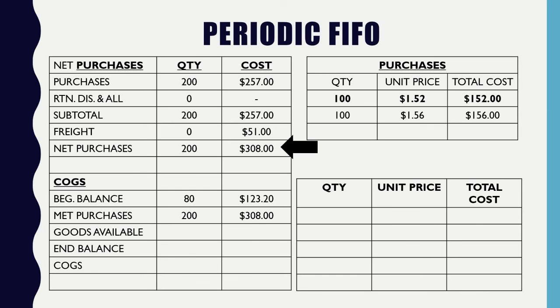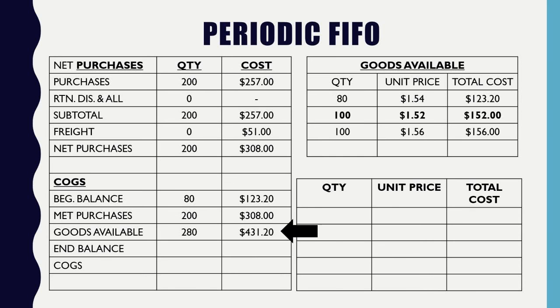Then we're going to carry our net purchases down because that's what we calculated from above. And now I need to solve for my goods available, which the formula once again is your beginning plus your net purchases, which is going to give you a total of 280 units available at its grand total cost of $431.20.